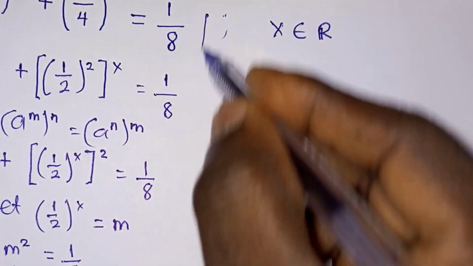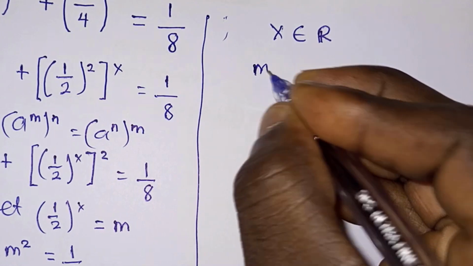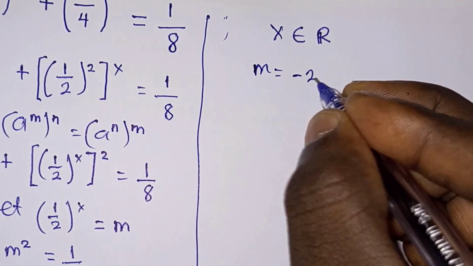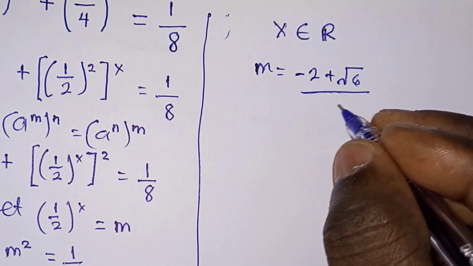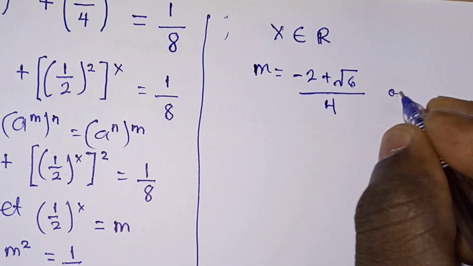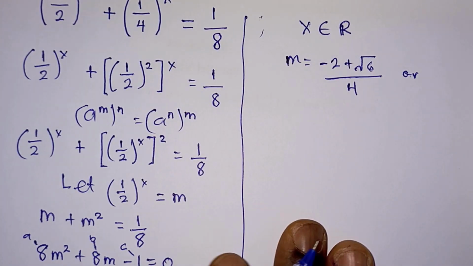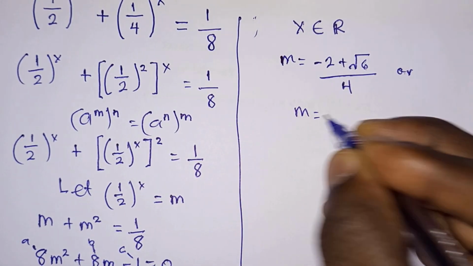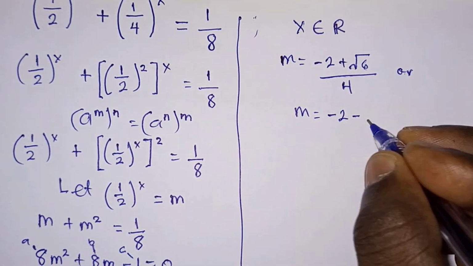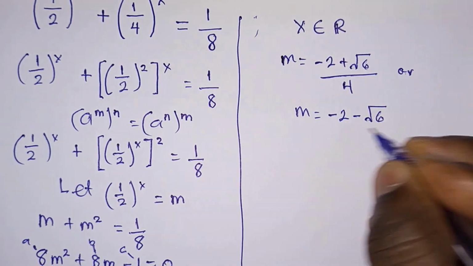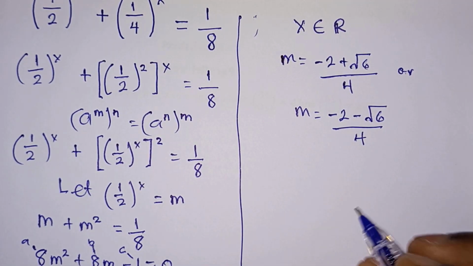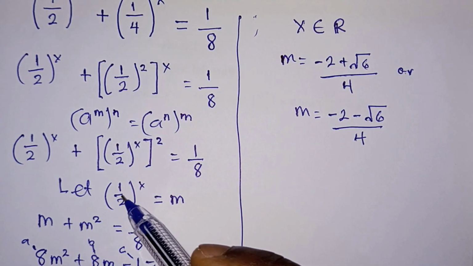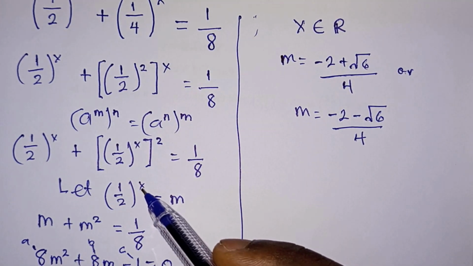So let me bring it here. It is either m is equal to (-2 plus square root of 6) divided by 4, or m is equal to (-2 minus square root of 6) divided by 4. But remember, we let m equal to (1/2)^x.